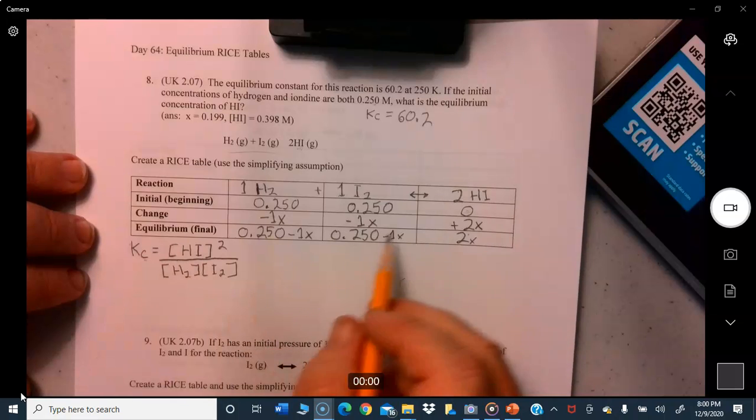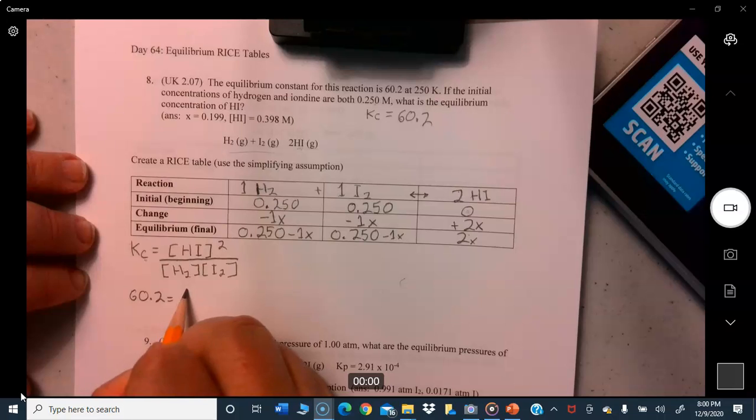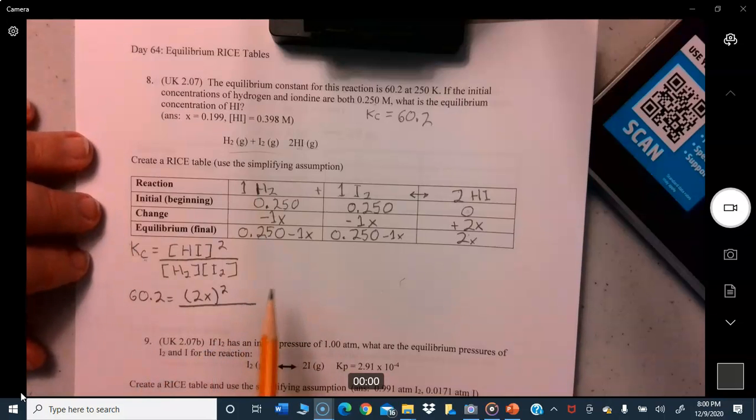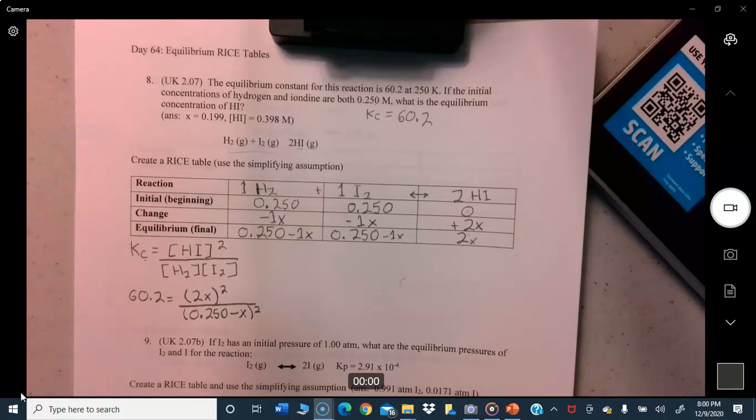And you can plug in your Kc as well at 60.2. Okay, and I said this is going to make it easier mathematically. It's going to be 0.25 minus 1 times 0.25 minus 1. So we're going to just write that. I'll get rid of the 1. And you can just write that as a square. So you have a square over a square now. So that makes the math easier. Okay?